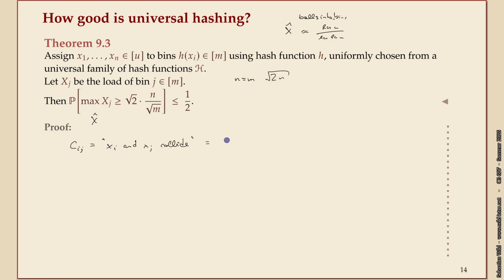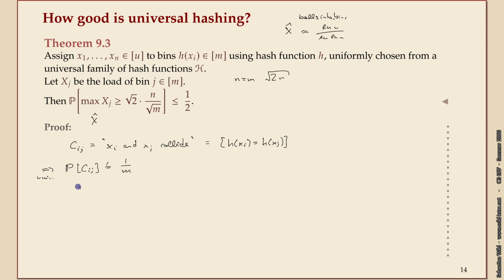Which of course is just the event that the hash values are the same. And so you immediately see this is where the universality comes in, because that means the probability for any of these Cij's will be bounded by 1 over m.